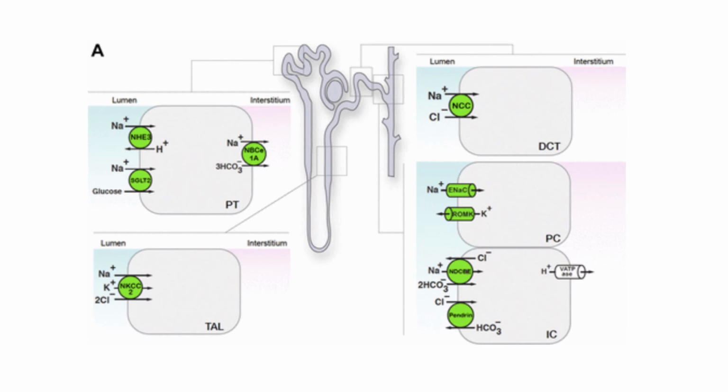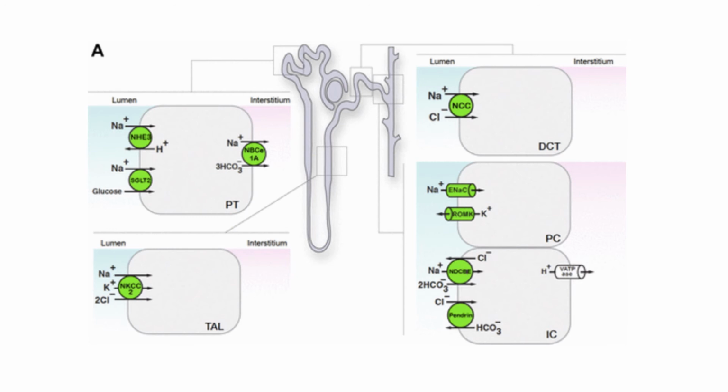The remaining 1/4 or 25% of the sodium is reabsorbed by two electrically linked cation exchange processes. One exchange is sodium with potassium, and the other is sodium with hydrogen.